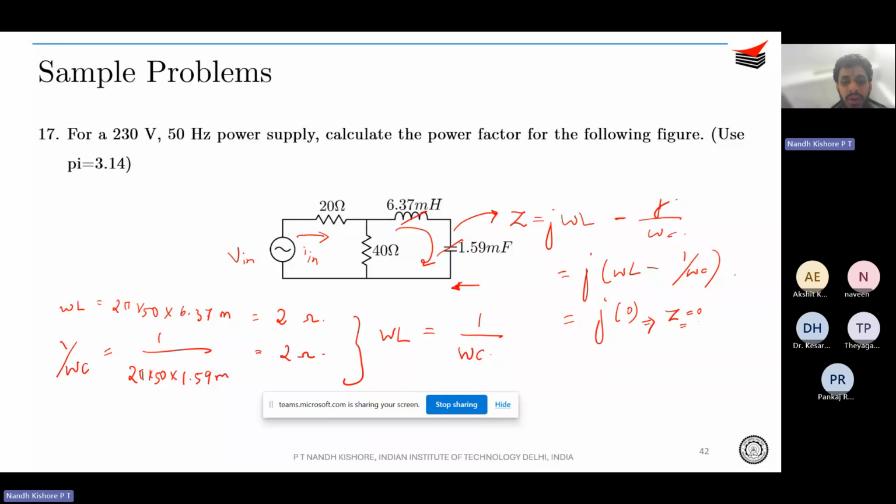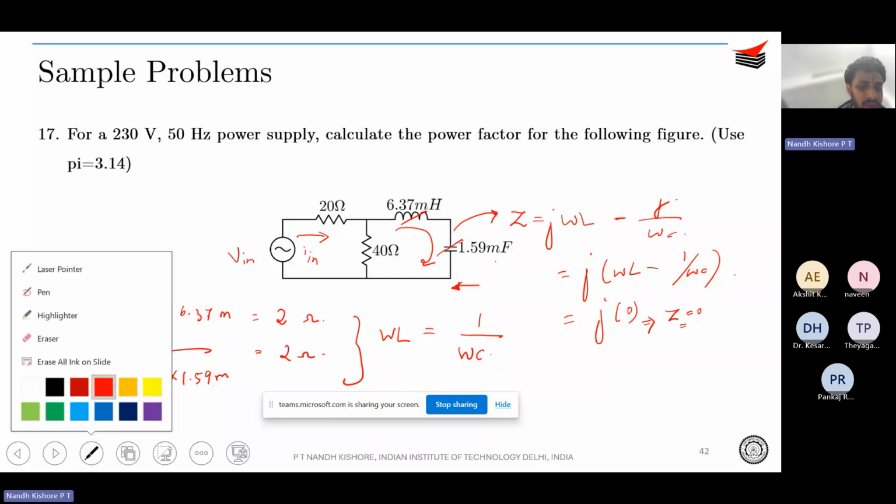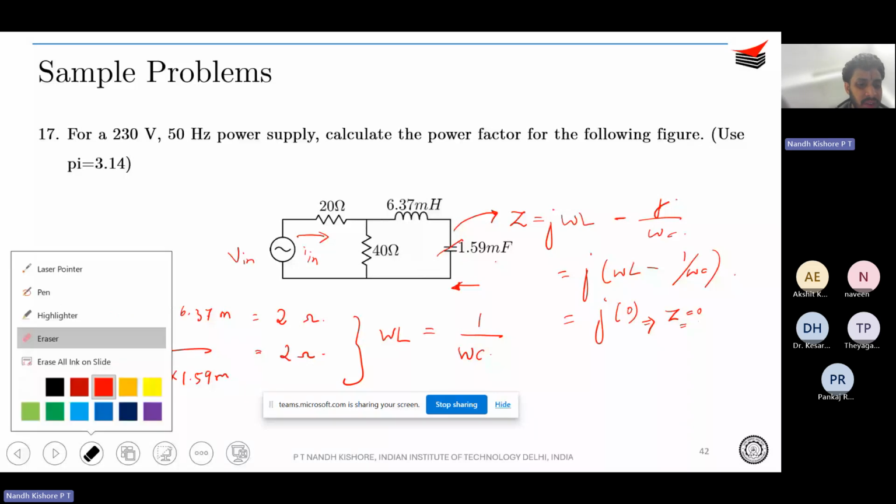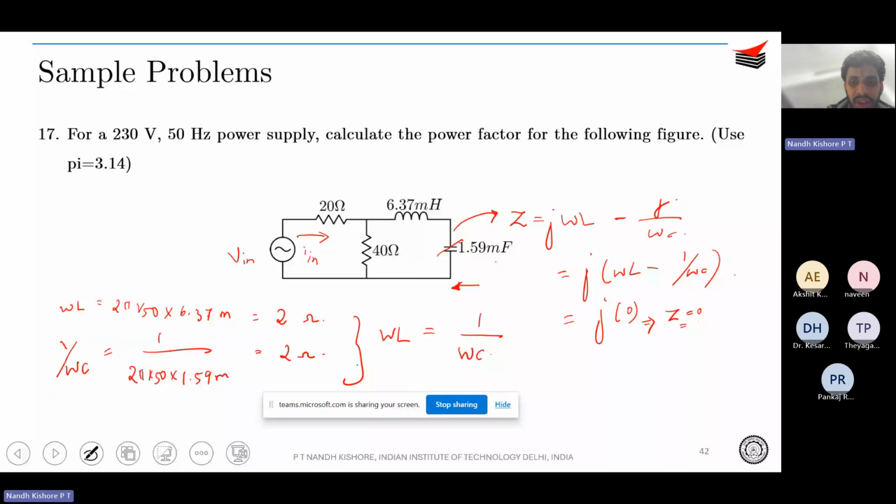Therefore, if the impedance is 0, what you actually get is a direct short across the 40 ohm resistor. Therefore, the input impedance that you see, Zin, will be simply 20 ohms and then a short, right?